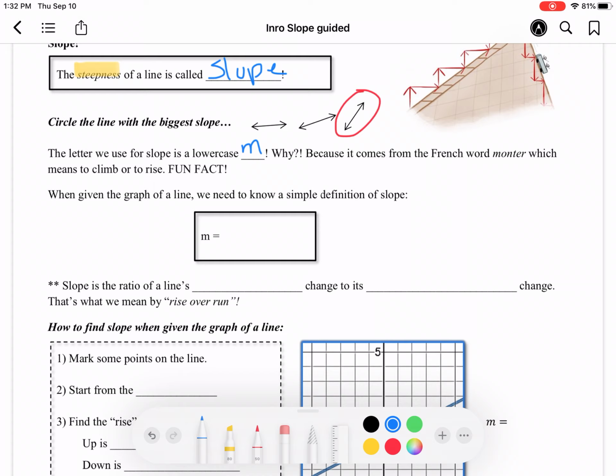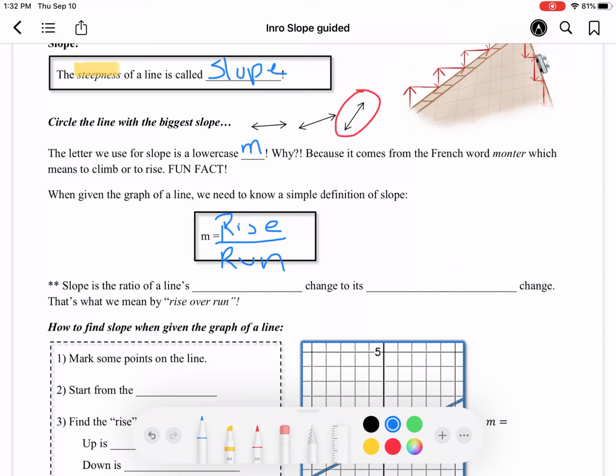We're also going to discuss today slope from a graph and how we calculate slope from a graph. Okay, and slope from a graph is also known as rise over run. The rise of the line, the up or down, divided by the run, the left or the right.